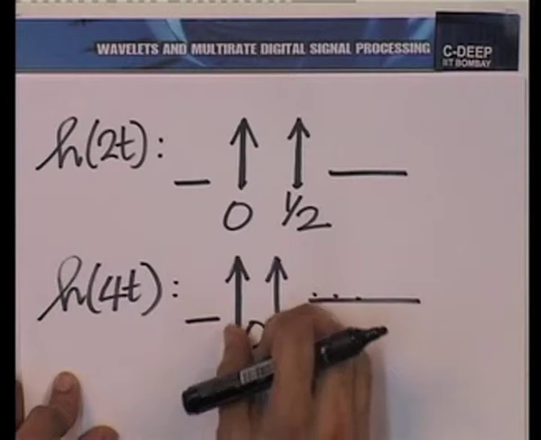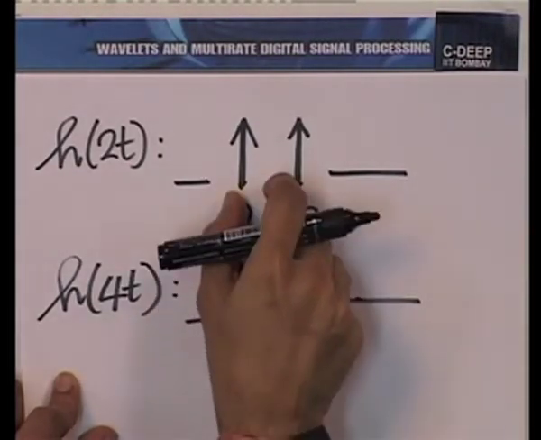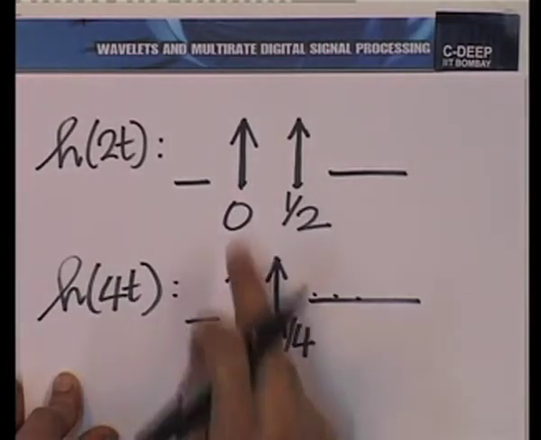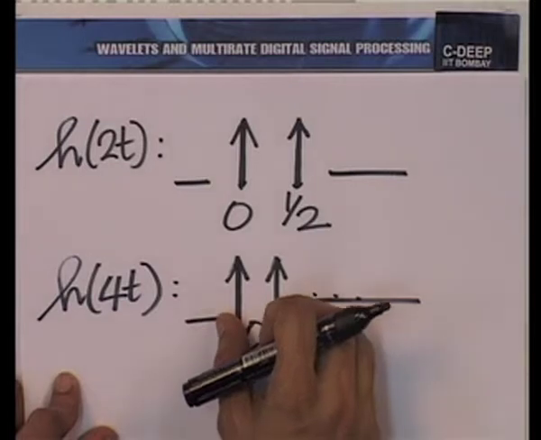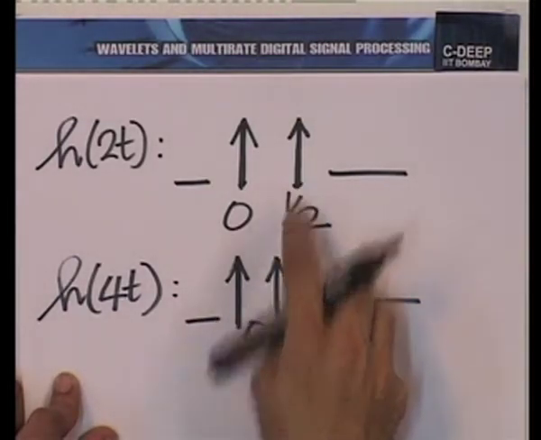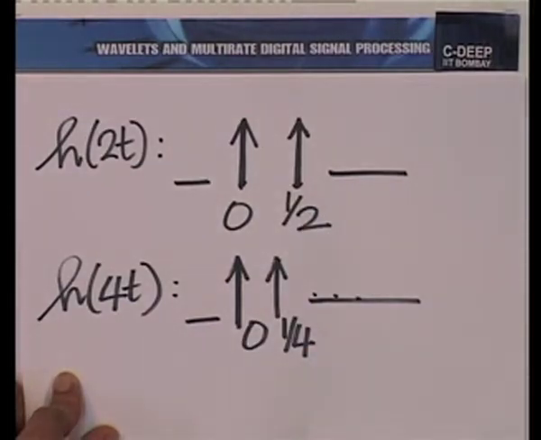When you convolve this with this impulse, you simply relocate this at the position 0, and that gives you back h of 4t. When you convolve h of 4t with this impulse located at half, it simply shifts this function to lie at half. So, in effect, when you have h of 2t convolved with h of 4t, you get something like this.